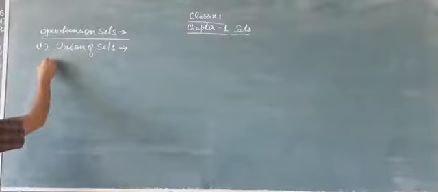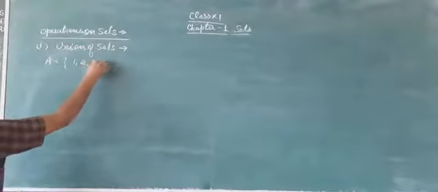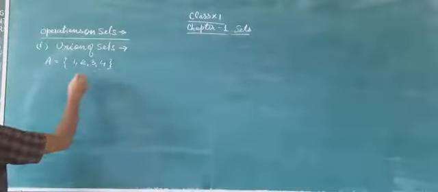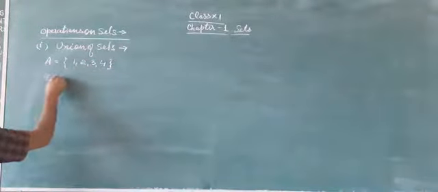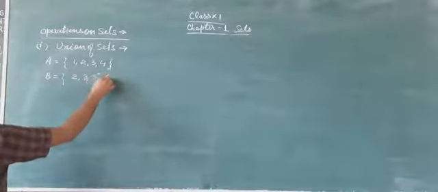So first we see examples. Suppose that A is equal to 1, 2, 3 and 4. And the next set is 2, 3, 5, 6.